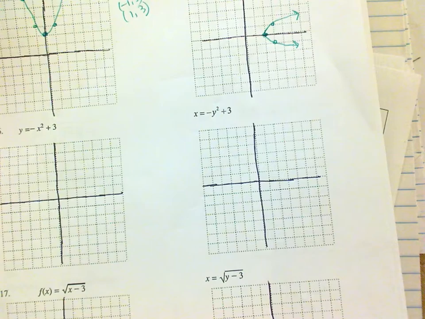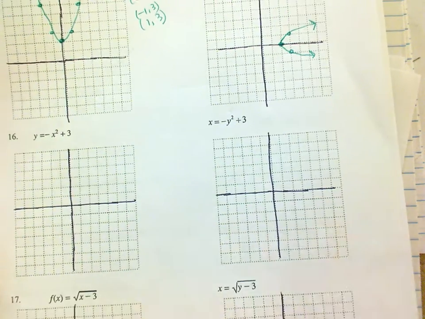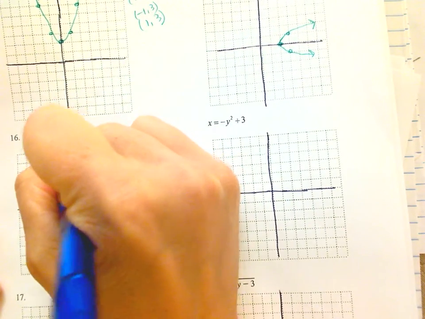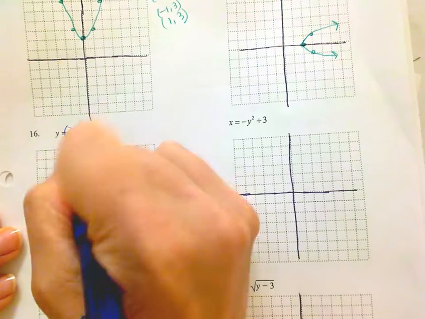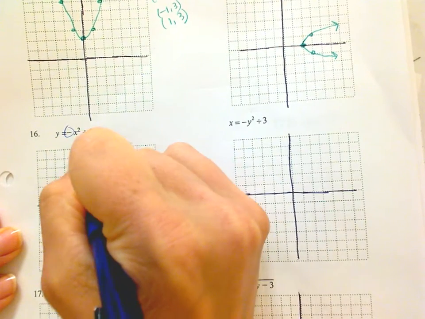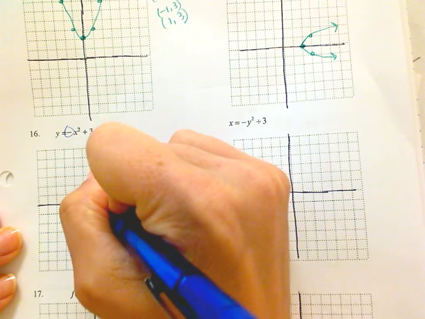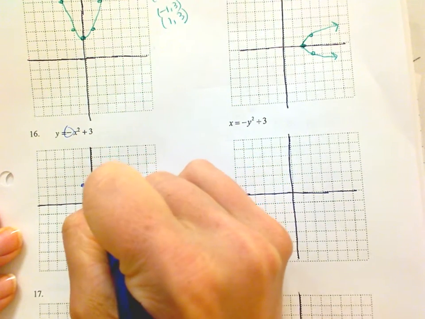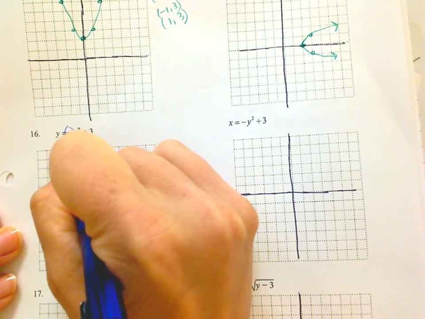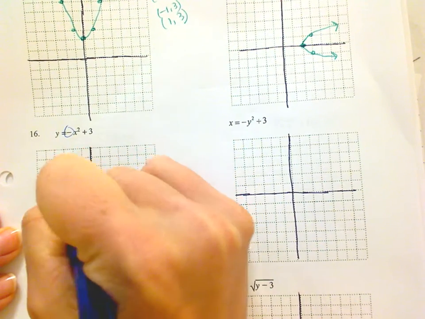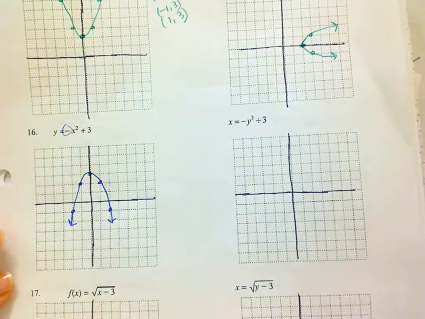There we go. So on number 16, we got to go up 3 and start. 1, 2, 3. This negative means it's an upside down parabola. And then from there, down 2, 3, out 1. All right, I think we're all good at that.